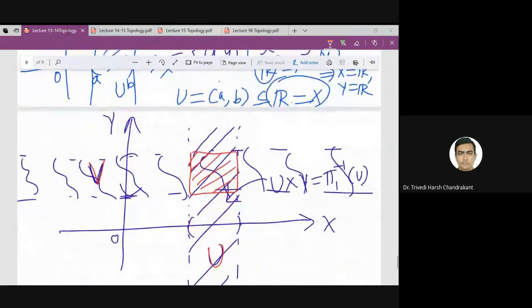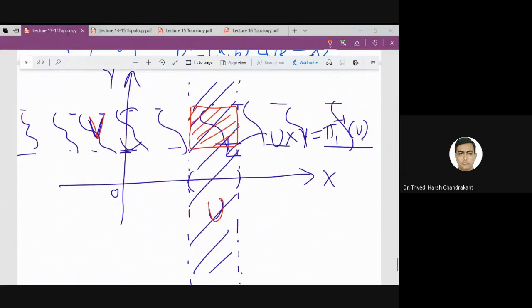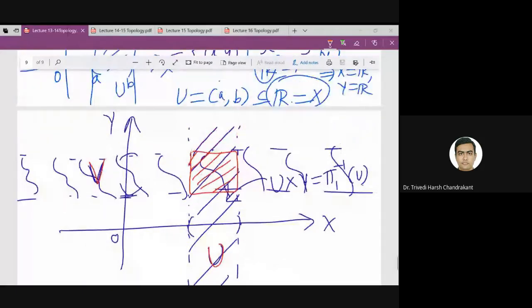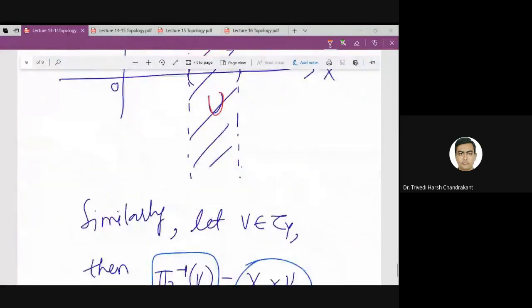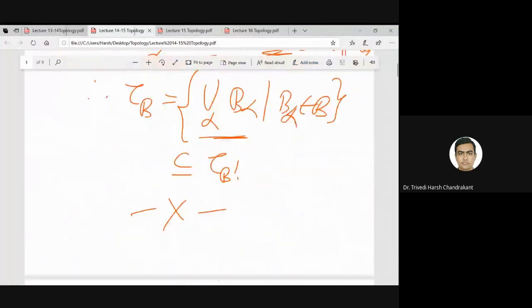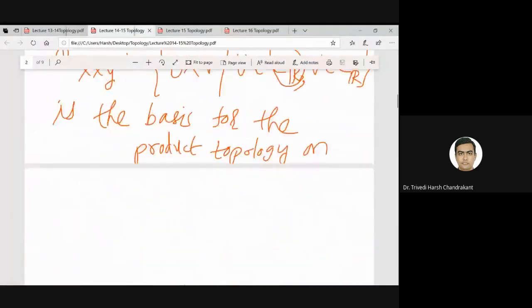So in the xy plane or in the R2 plane, if I collect all the open vertical strips and horizontal strips, that means the region between two lines, then this collection forms the sub-basis. So that is a small result which we discussed.